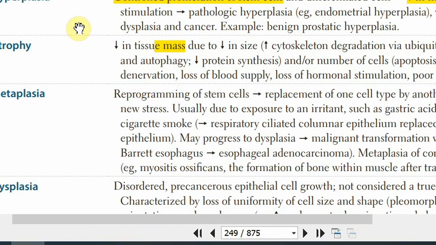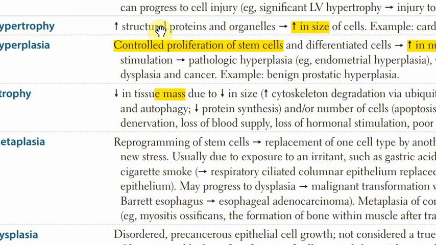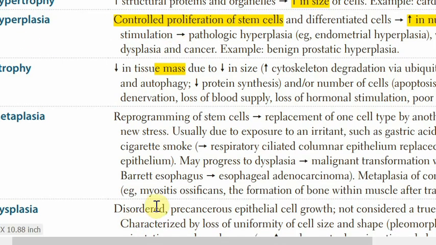Yeah, so the hyperplasia, we said it's increase in number. Please keep in mind, in hypertrophy, we said there is increase in the proteins and increase in organelles. Hyperplasia, on the other hand, is the stem cells over proliferating. Please make these notes. I hope you have a paper and a pen. You have to know where the stem cells are located for each tissue. If they ask you where the stem cells of the intestine are located, you will tell them it's located inside of the crypts.